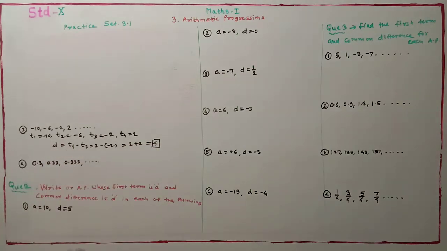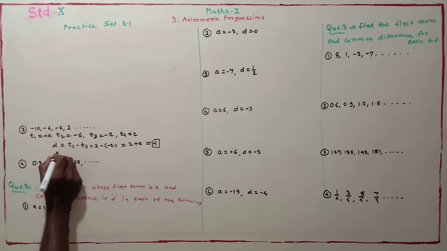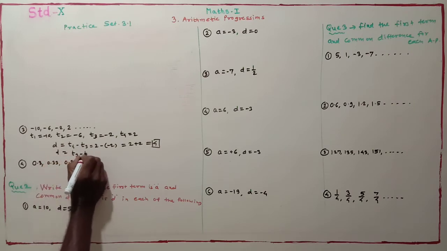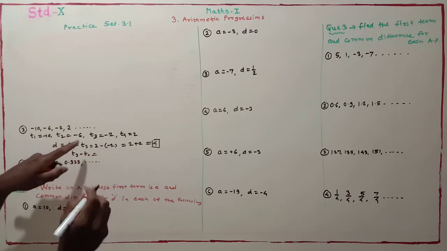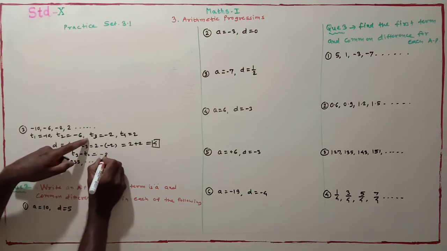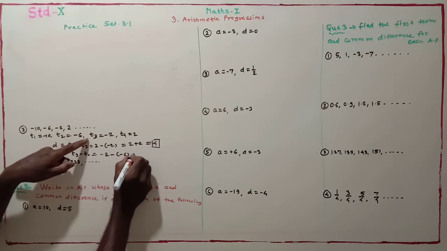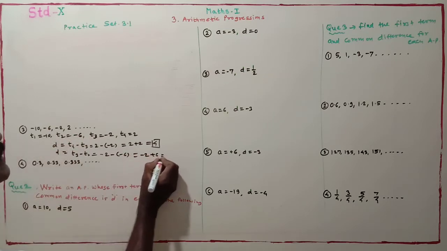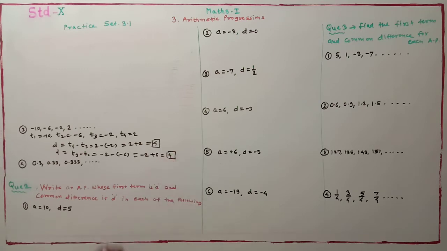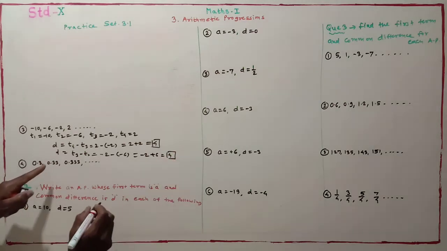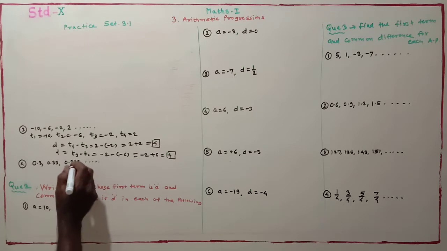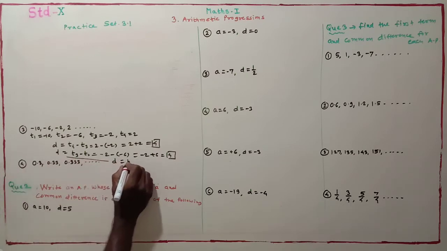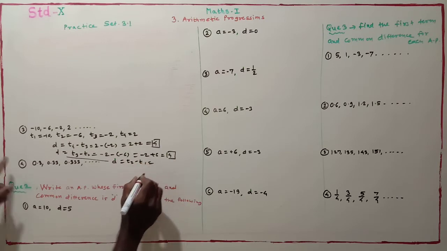This is the first D. Second D, T3 minus T2. T3 is minus 2 minus minus 6 is equal to minus 2 plus 6, which is equal to 4. And in third, D is T2 minus T1.